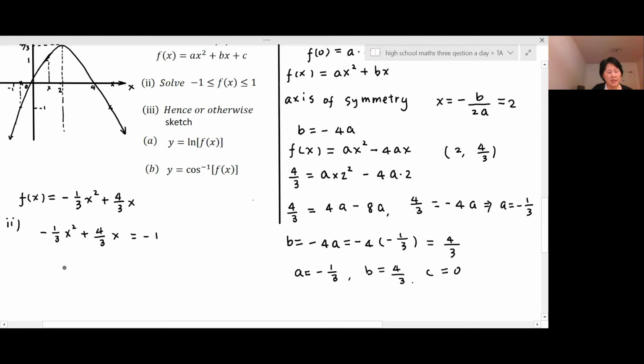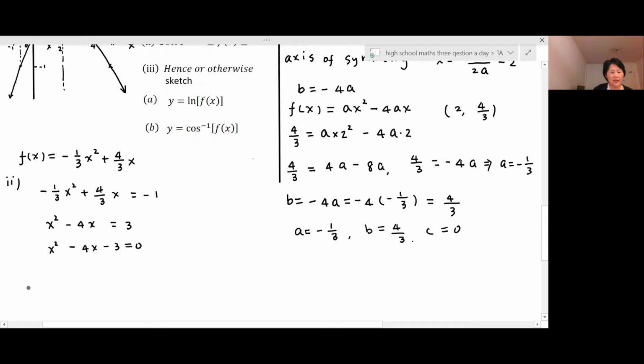So for this one, I just multiply by minus 3. So I will get x squared minus 4x, then equal to, multiplying by minus 3, this becomes positive 3. That means x squared minus 4x minus 3 equal to 0.